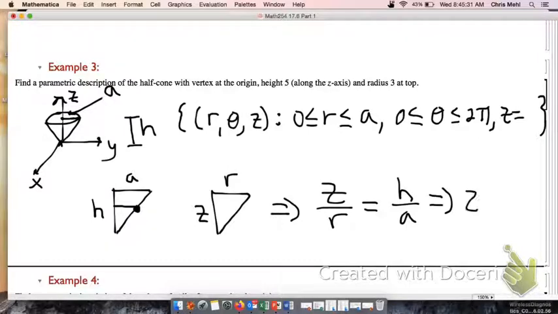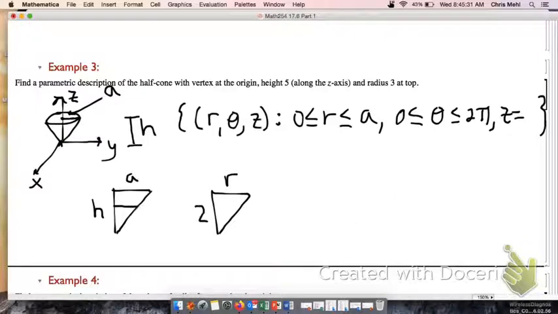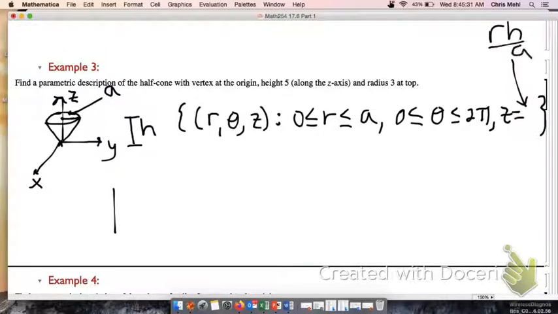And that tells me that z is going to equal rh over a. So that's what's going to go right here. That would be the cylindrical coordinate description of the cone. So the z coordinate is always rh over a.